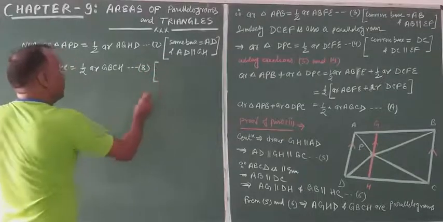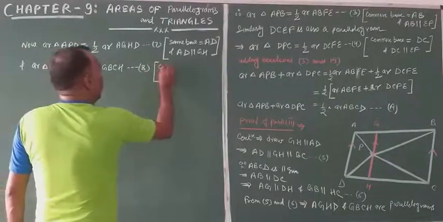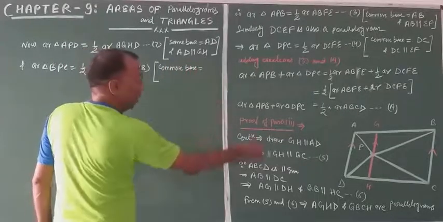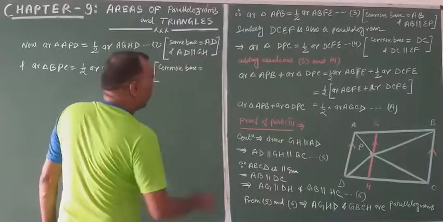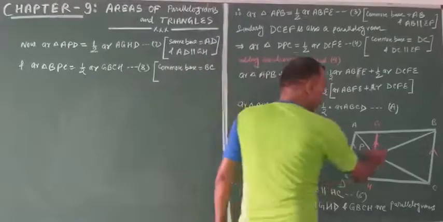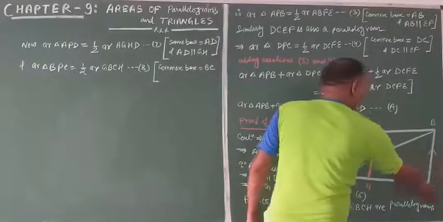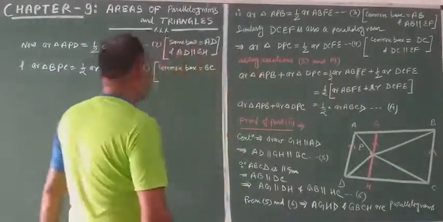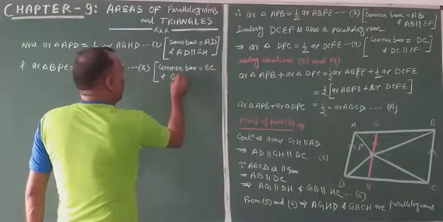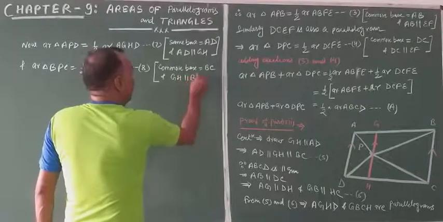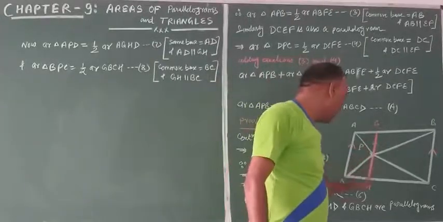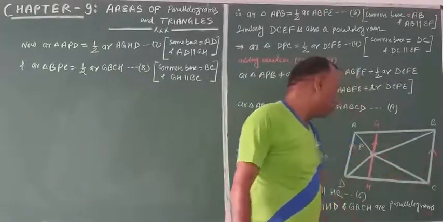What is the reason behind this? They have the common base. Common base is what? This BC. This BC is the common base for this triangle as well as for this parallelogram. And the parallel lines are GH parallel BC.